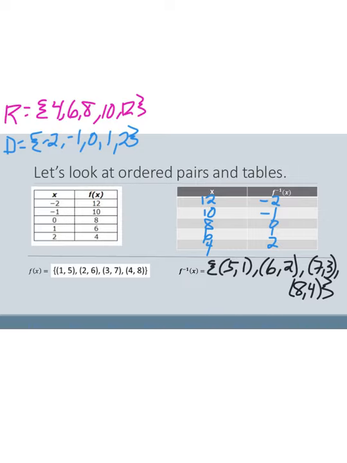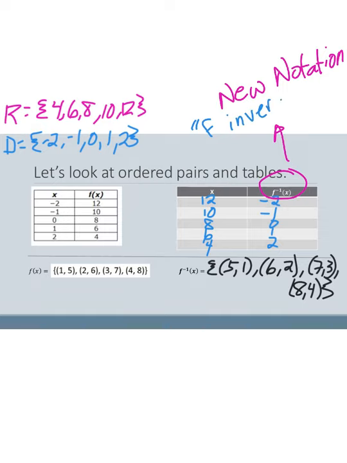Oh, and by the way, I think I forgot to mention, this is new notation here. I might have skipped right over that. This is new notation, so you might want to write that, new notation. And I know that it looks like f to the negative 1 of x, but it is read f inverse of x.